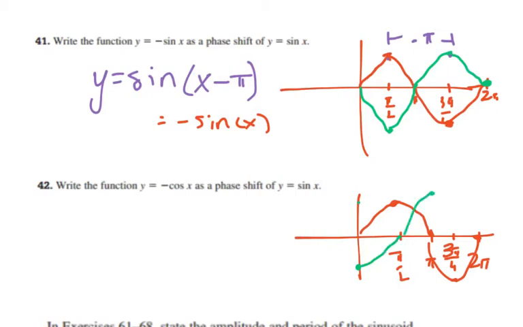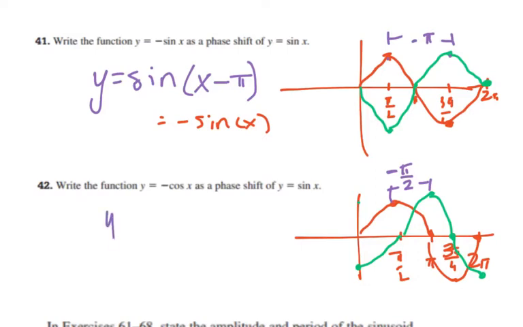through, down, and through. And so we can see that our peak here has gone pi over 2. And to get from sine to this negative cosine, it's gone right pi over 2, so that means that we want to go negative pi over 2 to be able to shift it back.